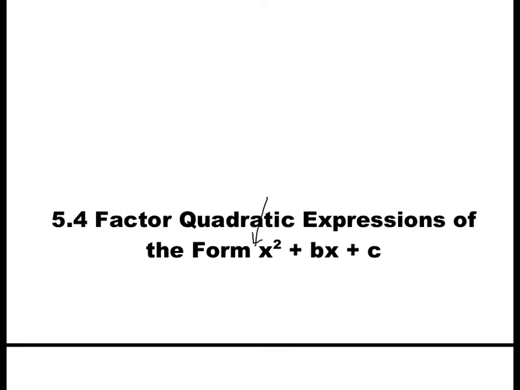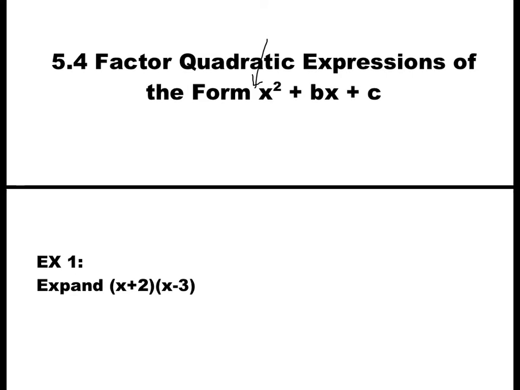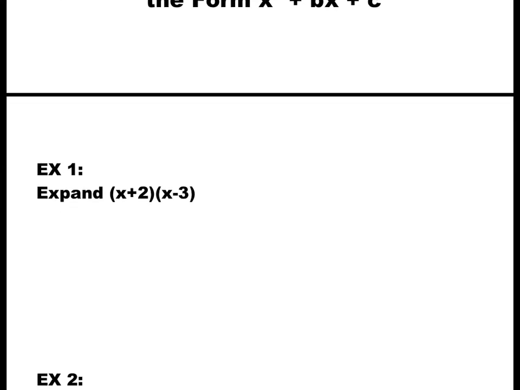Before we start talking about that, let's expand a couple of binomials which are multiplied. Let's say the first thing is how to multiply x plus 2 times x minus 3. Again, as usual, I'm going to use the arrow method. I'm going to multiply x inside the second bracket and then multiply 2 inside the second bracket.